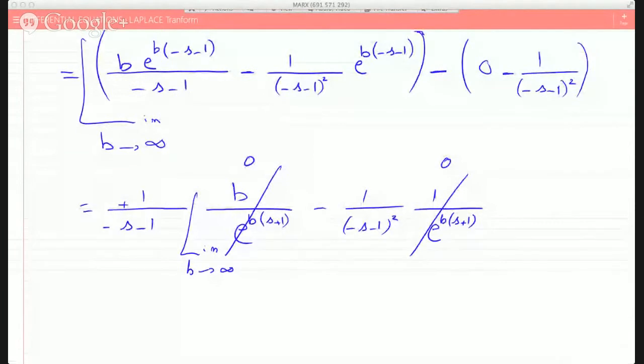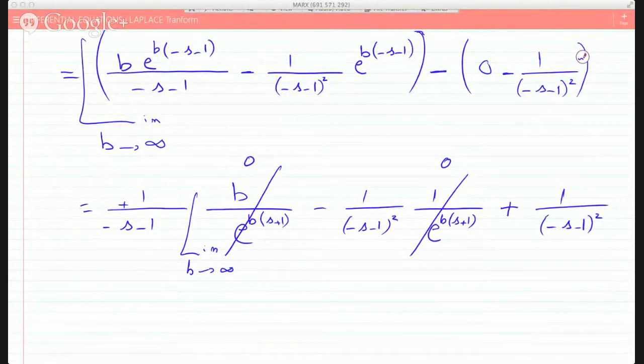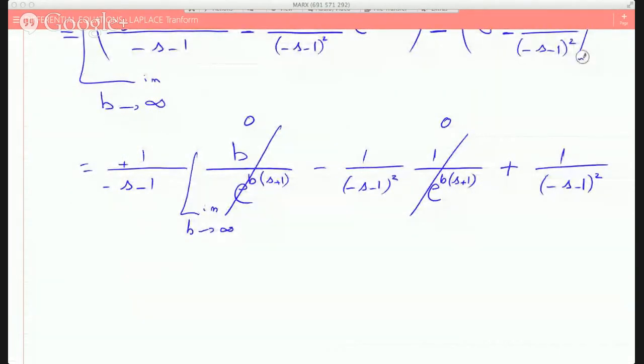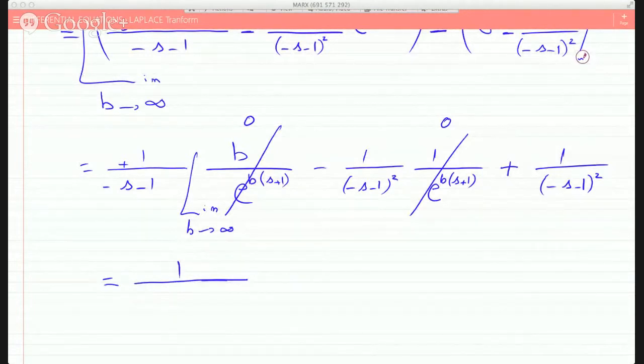So both of these terms will go to 0, and all I have left is the last term, plus 1 over minus s minus 1 squared. Here I don't have a b, so I don't have to take the limit. So we end up with 1 over minus s minus 1 squared.